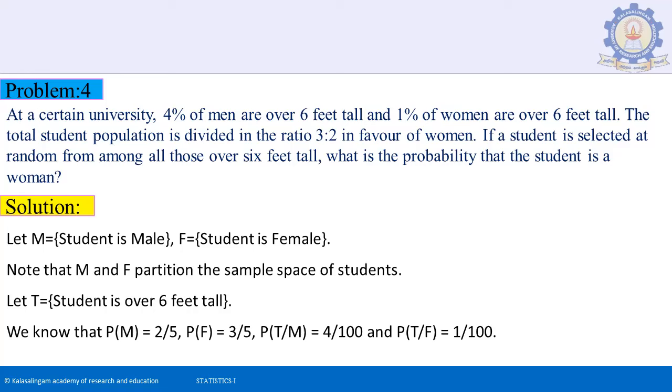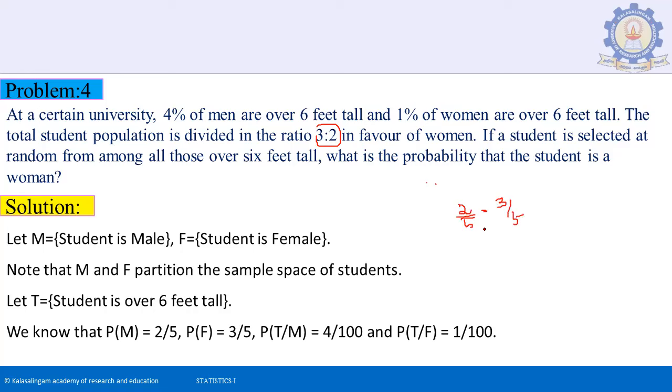In total we have 5, so here the ratio is 5. Adding the two ratio numbers, probability of M is 2 by 5, and probability of F will be 3 by 5.